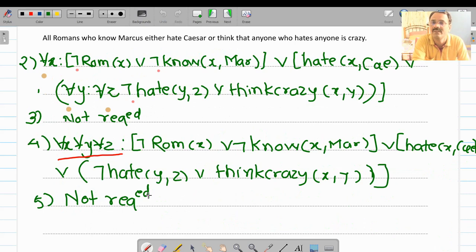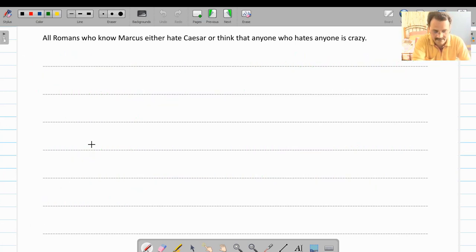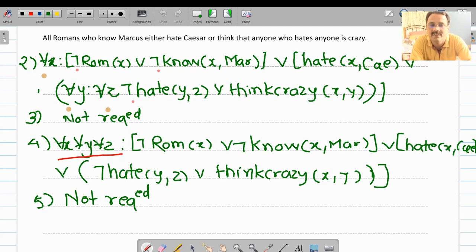So what we will do, we will remove in step 6 all these universal quantifiers. So for all x, for all y, for all z we will remove. So your resultant formula will be this remaining formula, that means not Roman x. So this formula as it is.